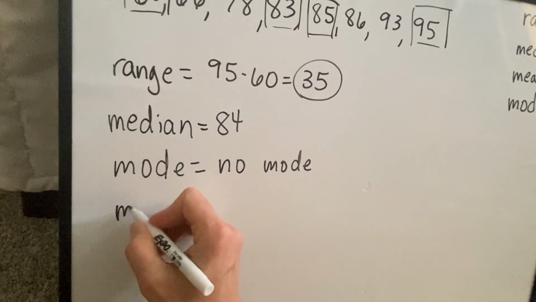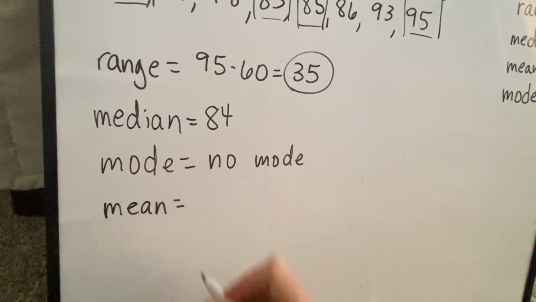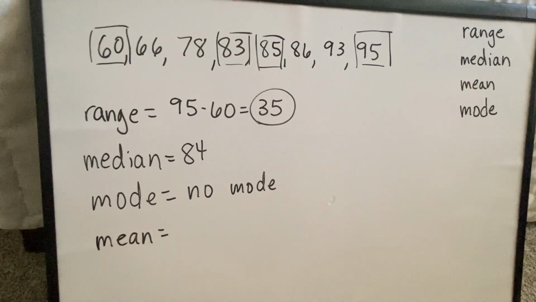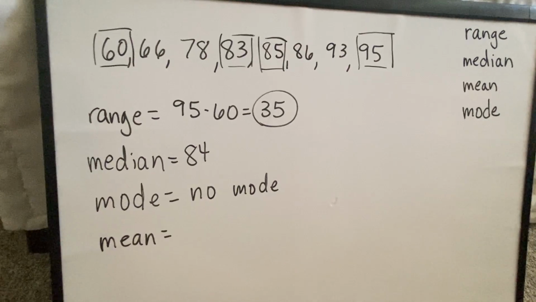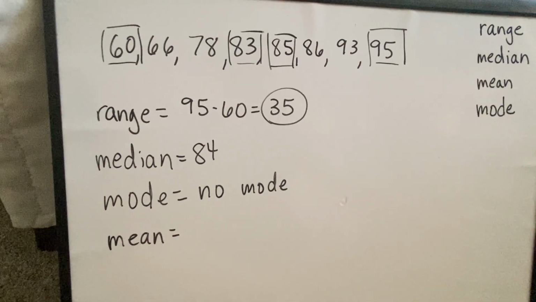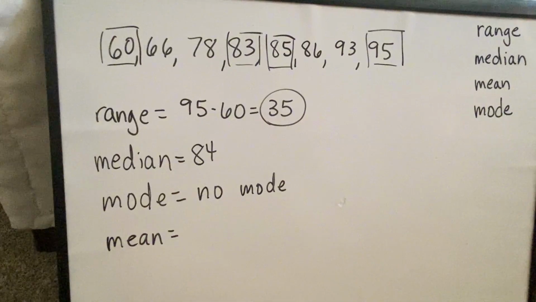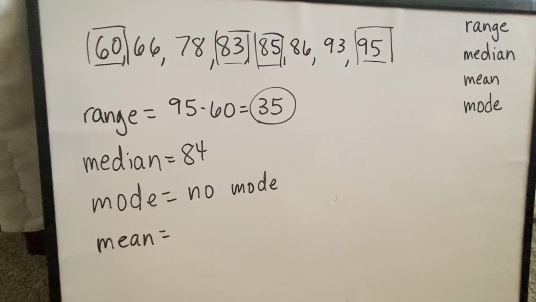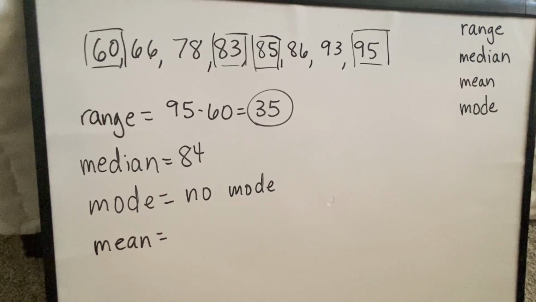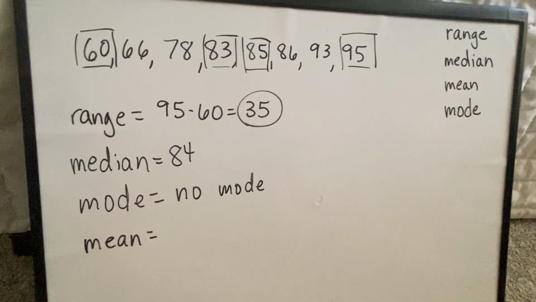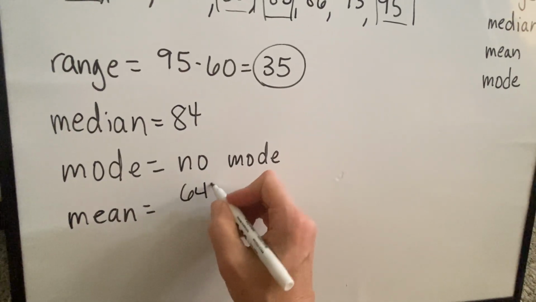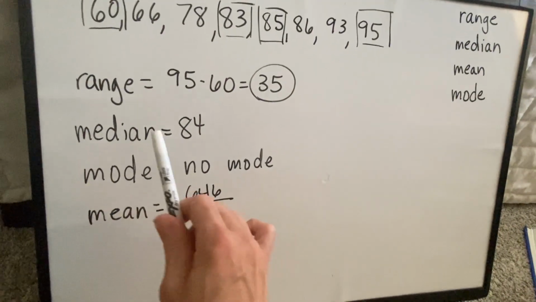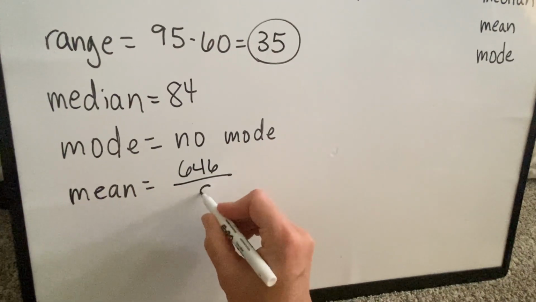Now, to find the mean, you have to add all of these test scores together. So 60 plus 66, 78, 83, and so on. You see that very clearly on the bottom of the page there, part D. They are adding 60, 66, 78, 83, 85, 86, 93, and 95, and they're going to get 646. They're going to add them all together and get 646, and then we have 1, 2, 3, 4, 5, 6, 7, 8 test scores.